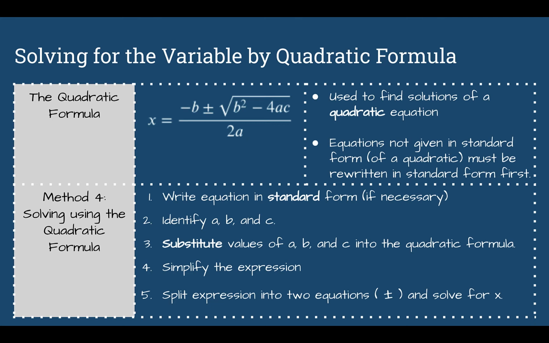Third, substitute the values of a, b, and c into our formula. Four, simplify it as much as you possibly can. And then five, split the expression into two equations, that plus or minus, and solve for x. In some cases, when we can't simplify any farther, we'll just leave it as the plus or minus.